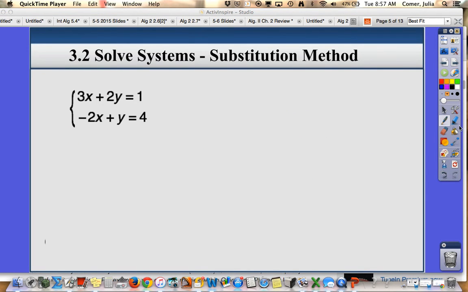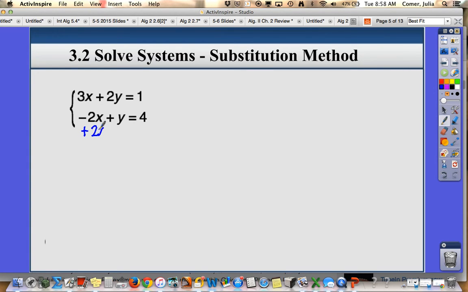Okay, we're going to look at this example here, and we will notice it's a little bit different than the last one because I don't have a y equals or an x equals. But this will be pretty easy to get y equals with this second equation. So to do that, I'm going to add 2x to both sides. And when I do that, I get y equals 2x plus 4.